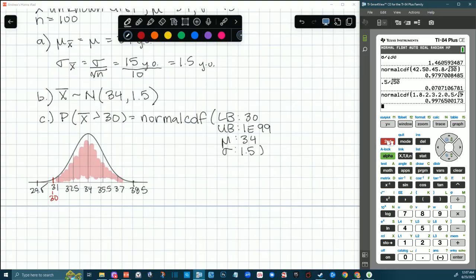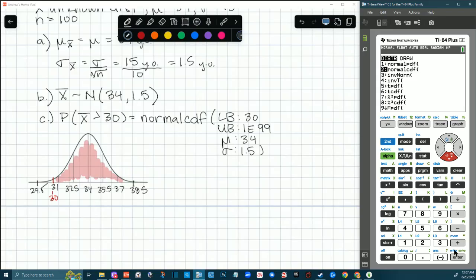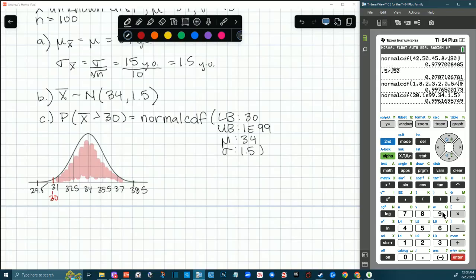We'll go ahead and grab our calculator, second vars, normal CDF. And again, we get that large percentage.